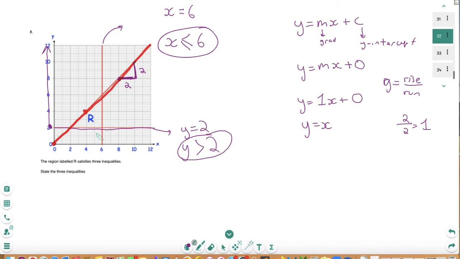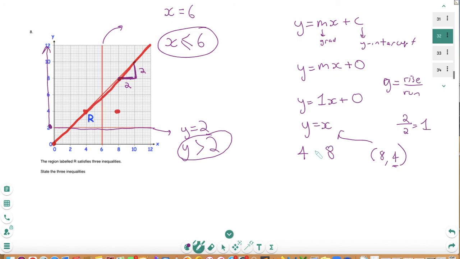So we have to choose a coordinate somewhere on the right-hand side, okay? Because our region's on the right-hand side. I'm going to choose this point here, 8, 4. So write it down, 8, 4. And you're going to plug it into here, okay? So what's our y coordinate? Well, our y coordinate is 4. And our x coordinate is 8.